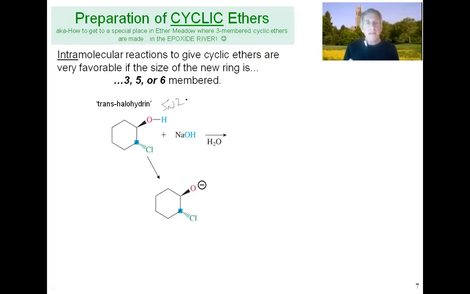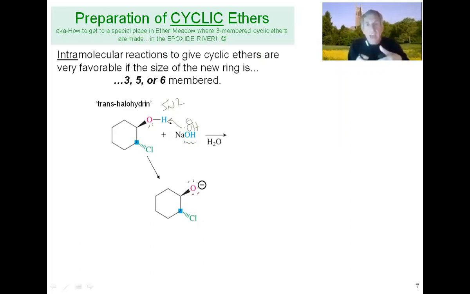So in a backside position, all it has to do is have the OH trans to the actual leaving group so that it can attack from the backside. So notice this OH becomes O-. And I didn't even need that strong a base to deprotonate it, just a little one. Not even sodium metal, because just a little gets deprotonated and it immediately goes to form this intramolecular cyclic ether.